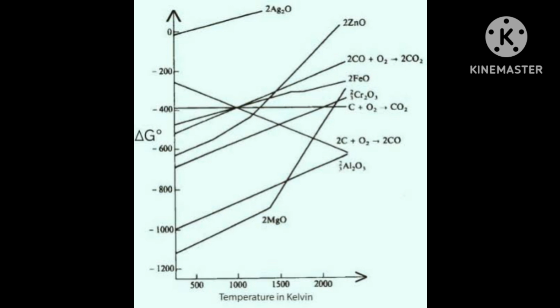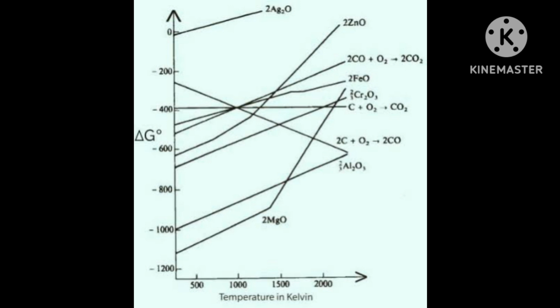Only then can you say delta G will be final delta G. If the overall delta G value is negative, then both reactions will take place, and this metal oxide will convert to metal.